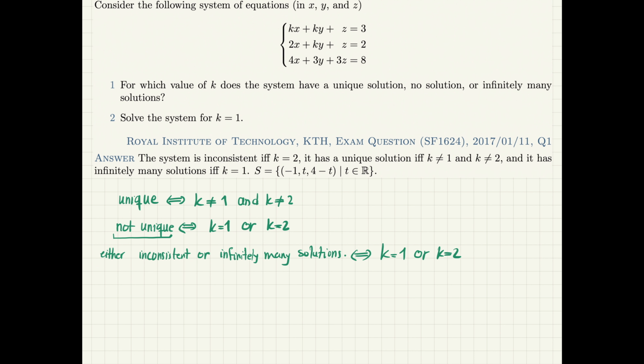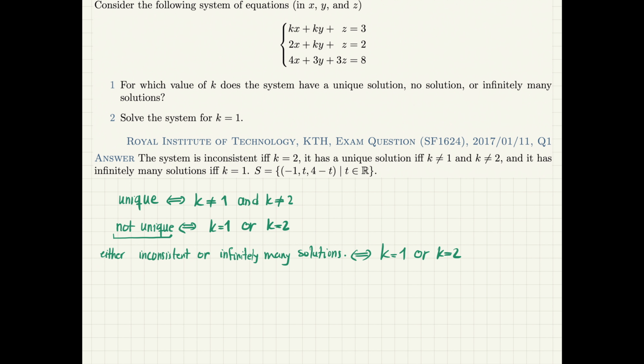But now I know that I have two scenarios to think about: k is equal to 1 or k is equal to 2. I can put k equal to 1 and solve a system with no parameters involved. Then I can put k equal to 2 and solve the problem again to see which one gives rise to inconsistency and which one gives rise to infinitely many solutions.